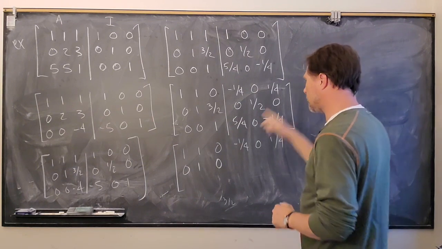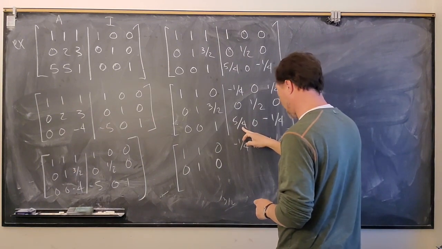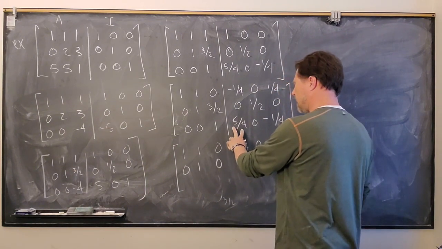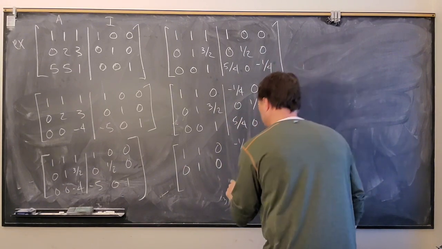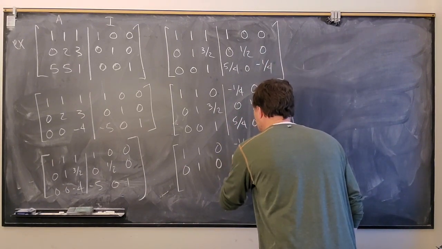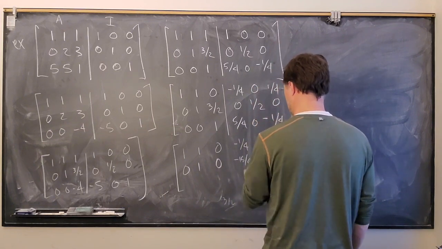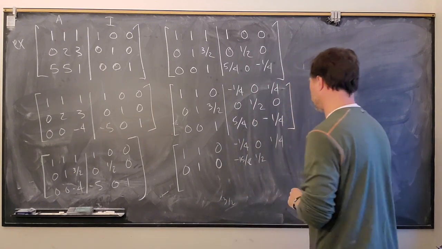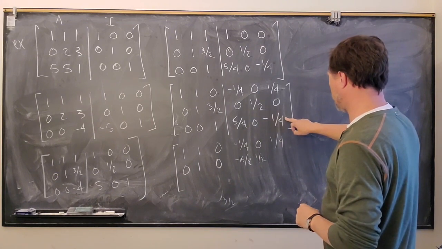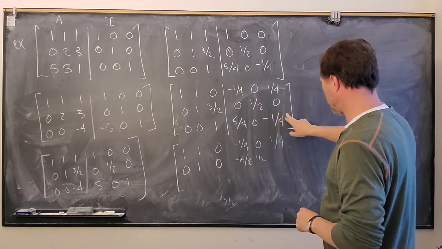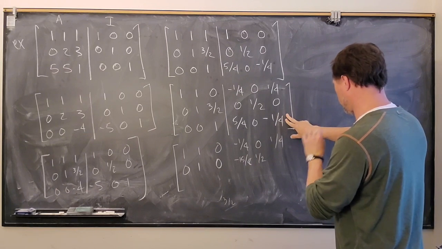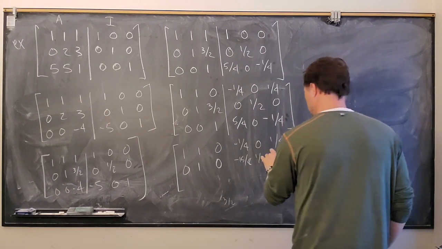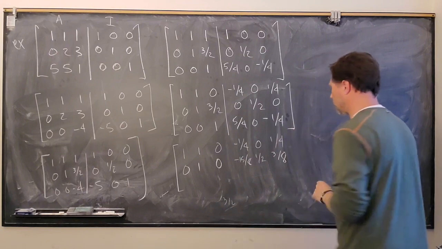I'm multiplying this by -3/2, so this is a -15/8. I'm adding it to the second row, so this becomes a -15/8. That's still a 1/2. I multiplied this by -3/2, so that becomes a 3/8, and so we get a 3/8 right there.